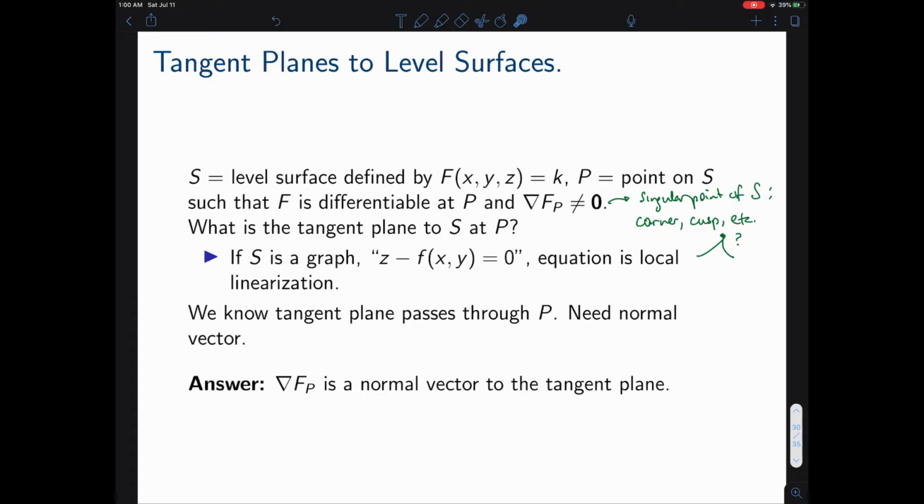Well, the answer is that the gradient vector is a normal vector to the tangent plane. The gradient vector. Once again, gradient vectors are showing up. The first useful fact about gradient vectors was the relationship with derivatives in different directions, and that got tied in with the rate of change along a path.